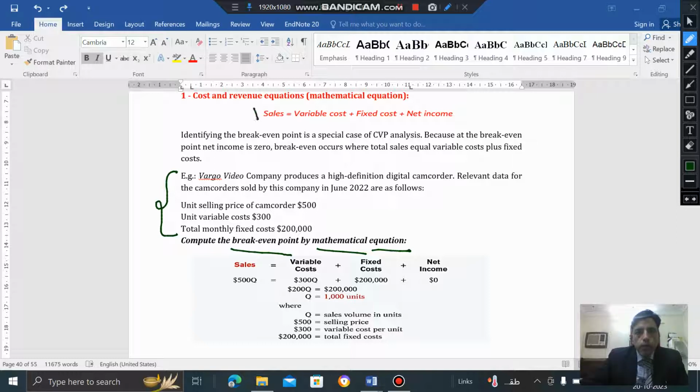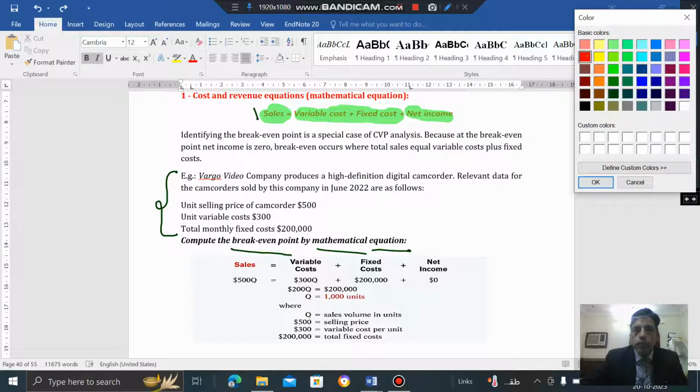So just take a look here. This is exactly the mathematical equation. It is very simple, you don't have to bother much about this. It says sales is equal to variable cost plus fixed cost, because these are the elements of the cost, and net income. And how is this coming?